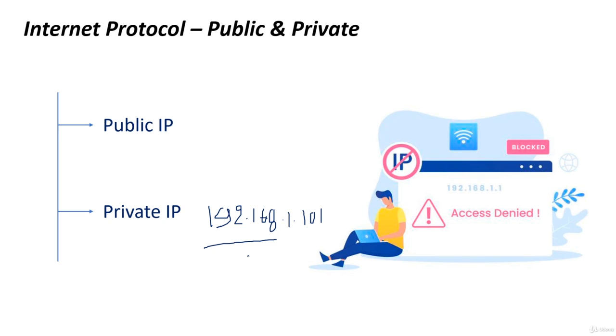If you want to check your IP address, you can simply go to Google and type there 'my IP', and it will give you your public IP. So this is how it looks. This is how public and private IPs are assigned, and we have talked about all the classes that we have here and everything about IP addresses that we need to learn. Okay guys, this is all for this lecture.